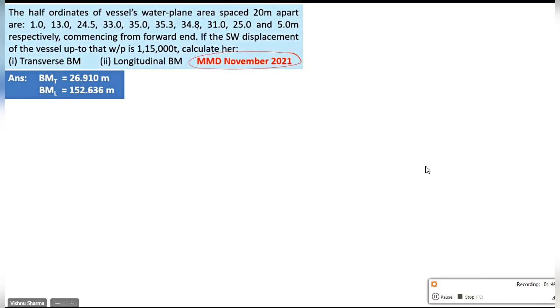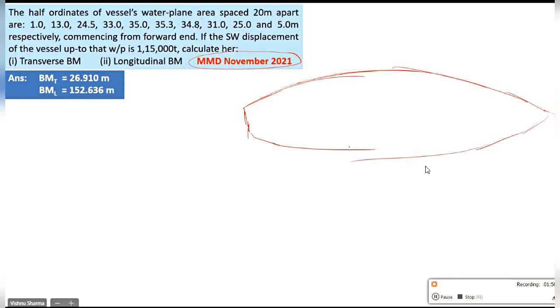Let's take BMT first, because that is part 1. Guys, if I make the water plane of this vessel, it will be somewhat like this. Again, the emphasis should be on the diagram. You see, I made the two ends meet at the forward end. Why? Because the ordinate is 0. No, it's not 0. Okay. Forward also is not 0. So there is a small thing at forward end also.